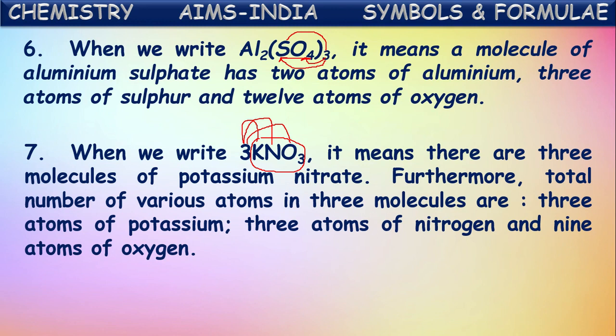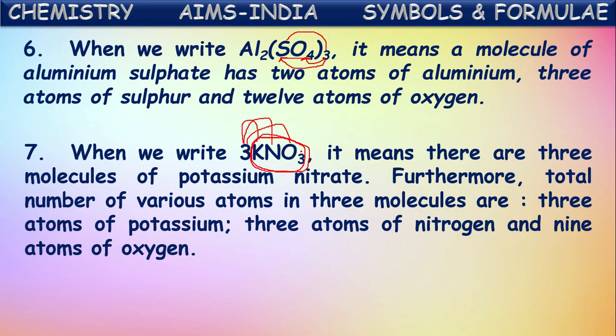KNO3 represents one molecule of potassium nitrate, and the 3 mentioned before it represents 3 molecules of potassium nitrate. So the 3 written in front is applicable for all the atoms: 3 potassium atoms, 3 nitrogen atoms, and 9 oxygen atoms.